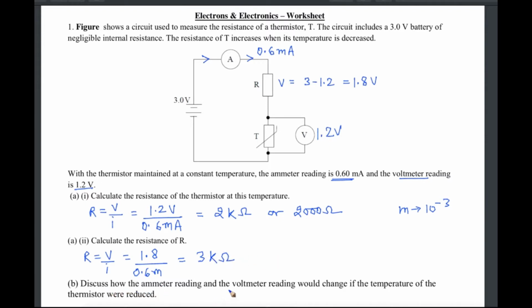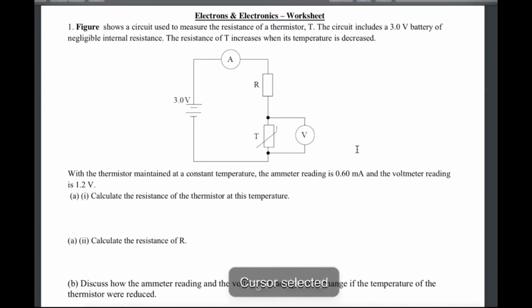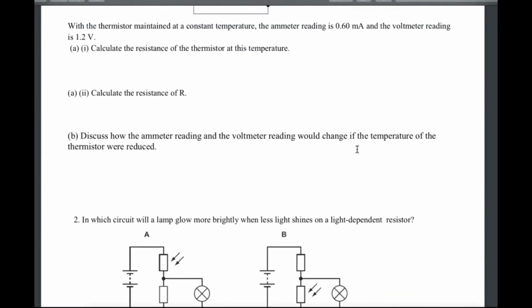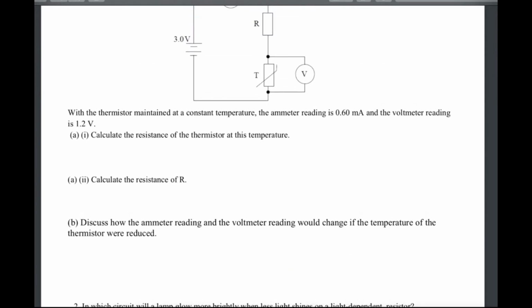Discuss how ammeter reading and voltmeter reading would change if temperature of the thermistor were reduced. Okay, so if temperature is reduced and thermistors are made up of semiconductor elements, then resistance would be more.